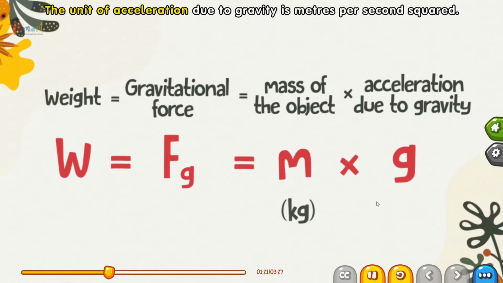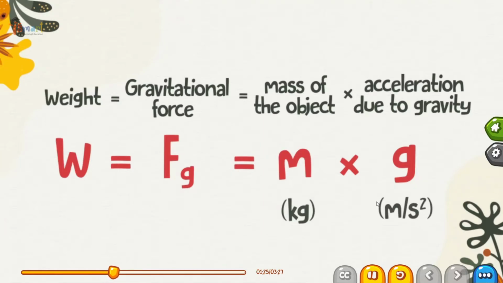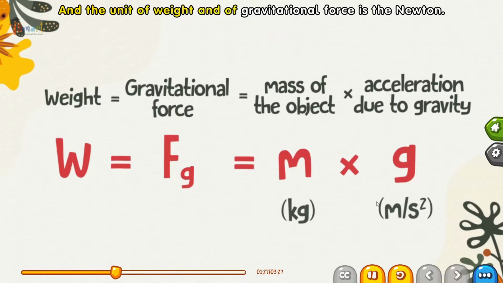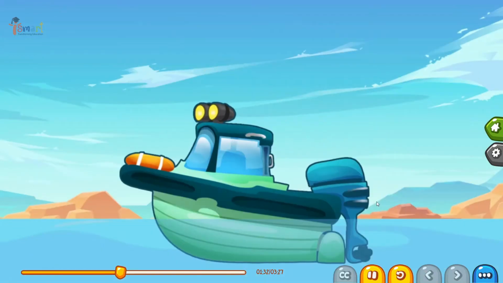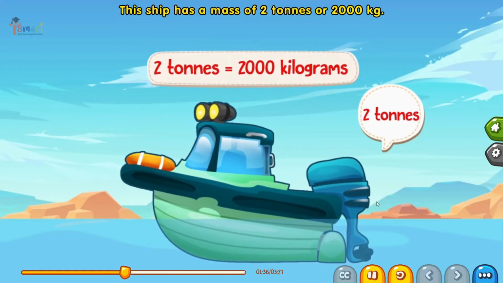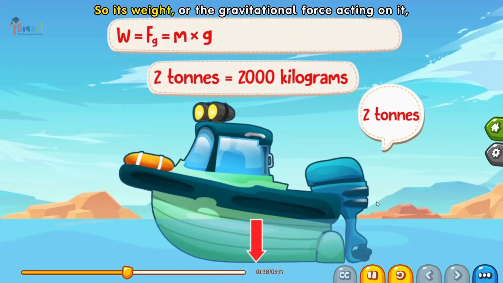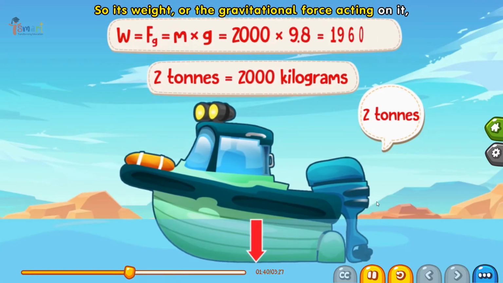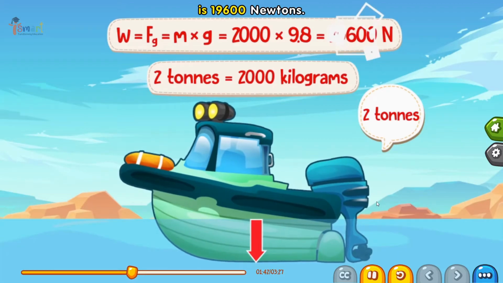The unit of acceleration due to gravity is meters per second squared. And the unit of weight and of gravitational force is the Newton. This ship has a mass of 2 tons or 2,000 kilograms. So its weight, or the gravitational force acting on it, is 19,600 newtons.